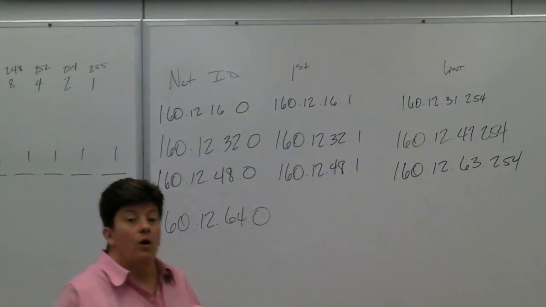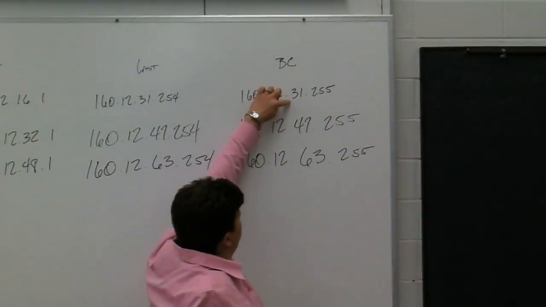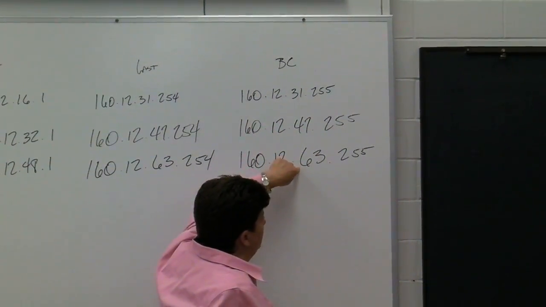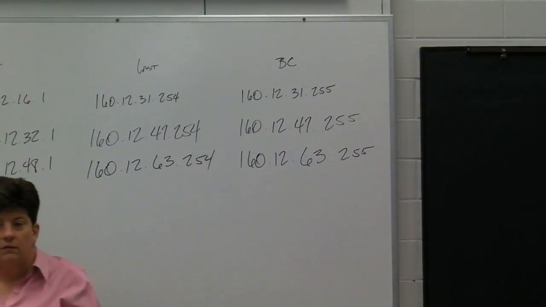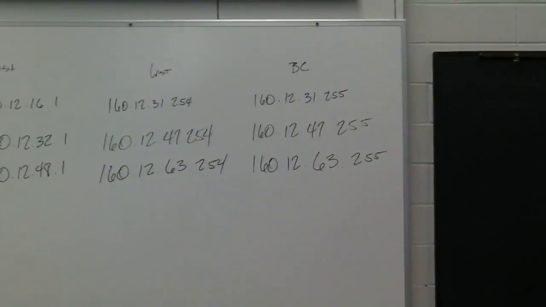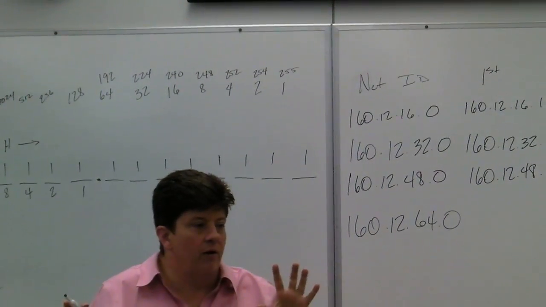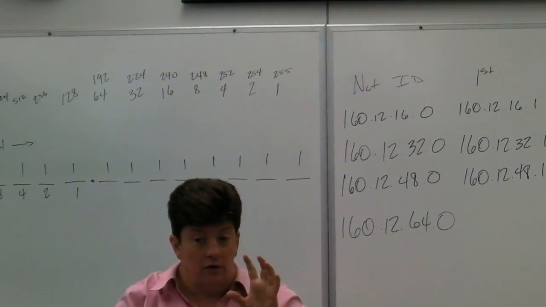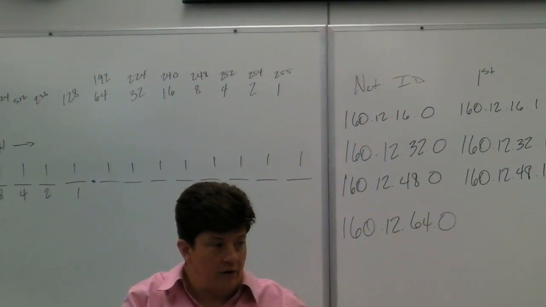Or look, 31 plus 16 is 47 plus 16 is 63. Y'all remember in math class, where they said, hey, figure out a way to check your work? Look for the patterns.